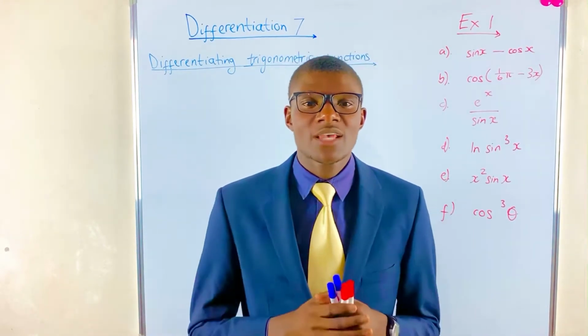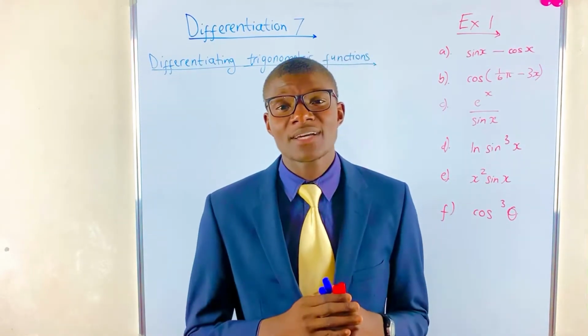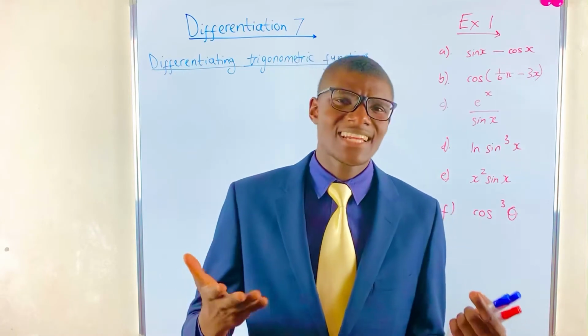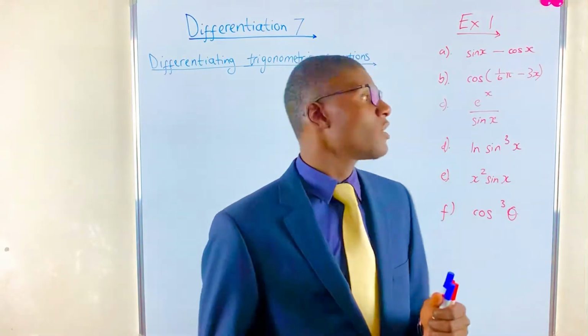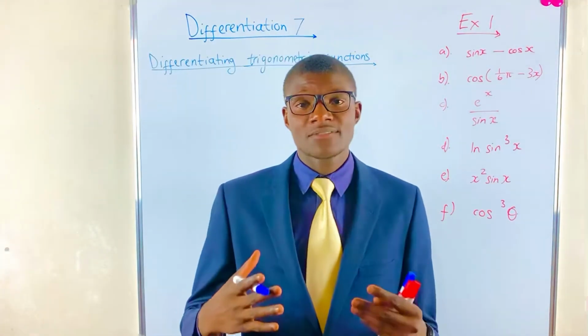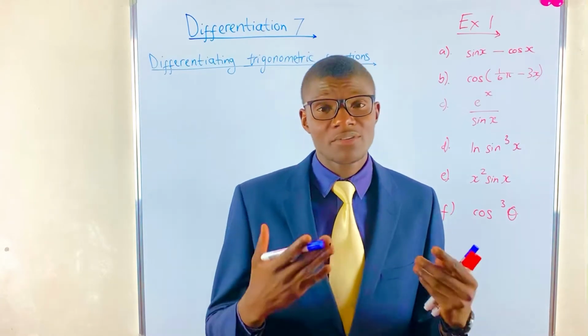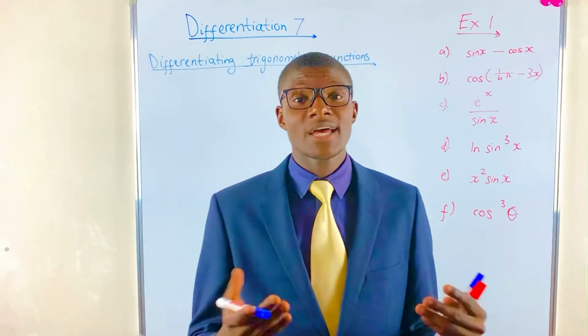Today we're going to look at differentiating simple trigonometric functions of sine and cos. So firstly, there are general derivatives that we are required to know when differentiating trigonometric functions, specifically for sine and cos.